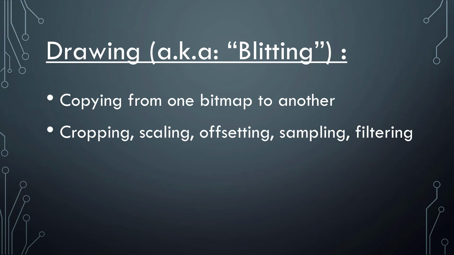You copy it to a frame buffer or render target, something that is going to be displayed on screen, and that process can involve cropping and scaling, and or taking from a specific offset, as we're going to see, and it can involve sampling, which we'll talk about, and filtering, which we'll talk about.